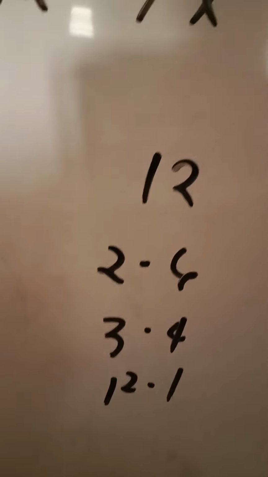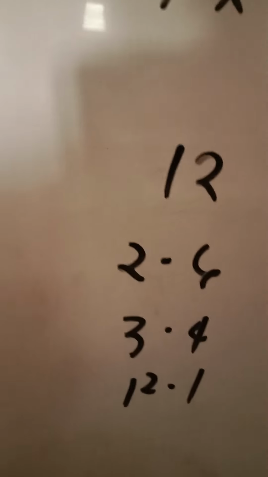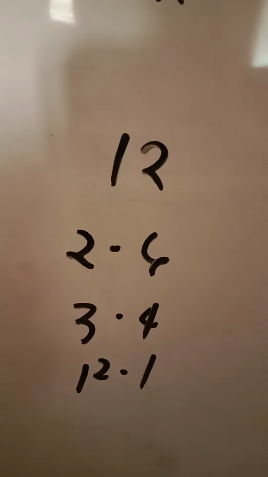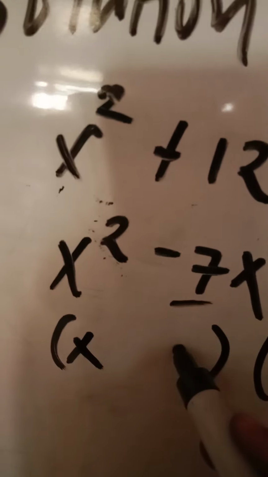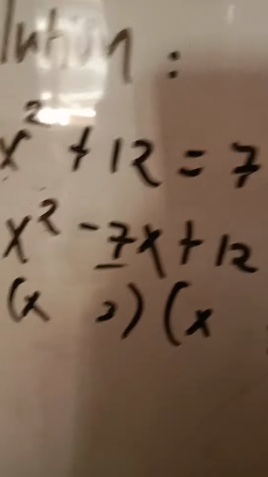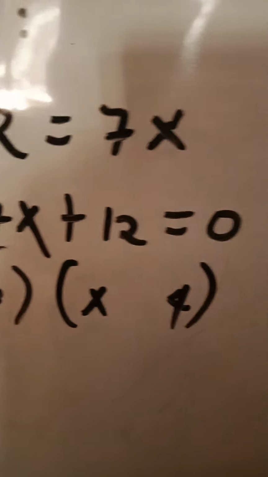That's why we choose the factors 3 and 4, because if you add them, the result is 7. You write 3 in one factor and 4 in the other.